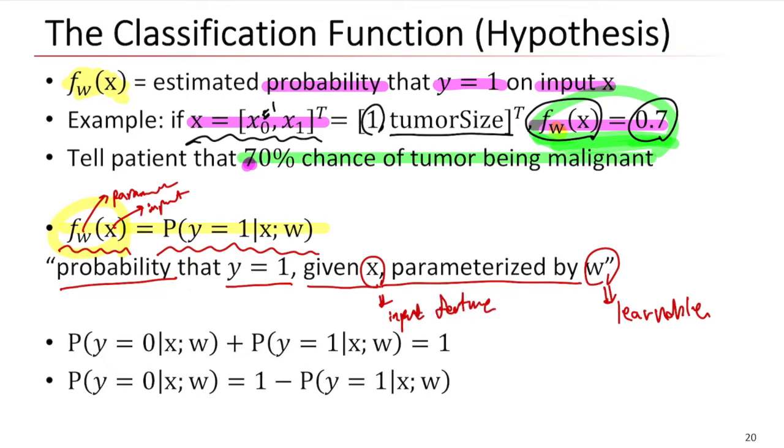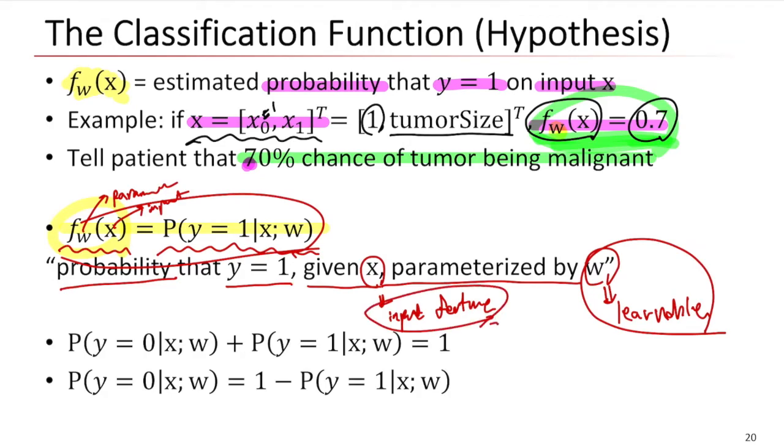So if we train this classification machine and find the W value, and we are given an input feature, we can determine the probability that y is equal to 1.